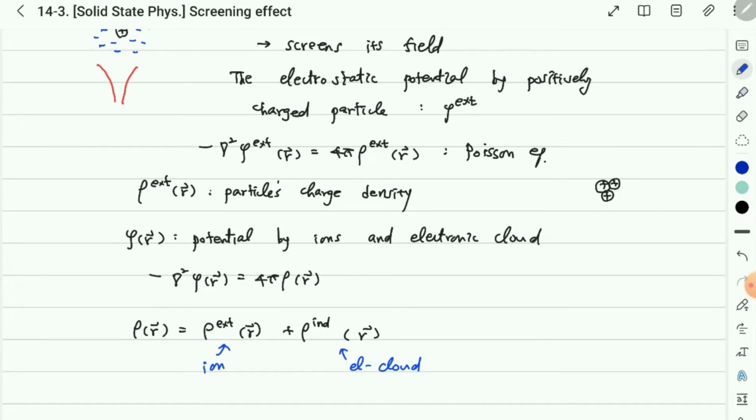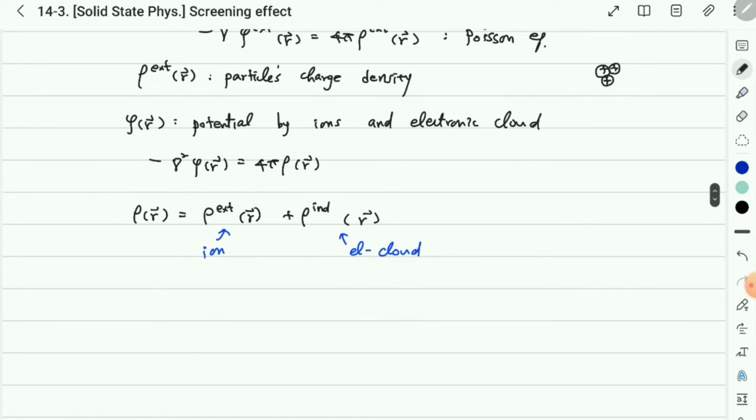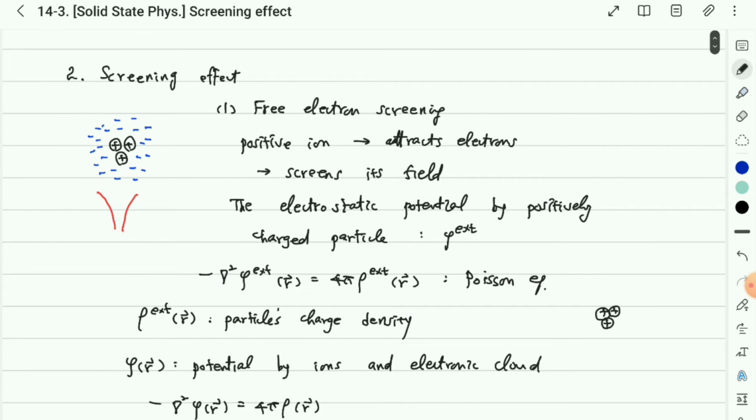Therefore, the net charge density can cancel out, because the charge density of the ions is plus and the electron cloud is minus, and they cancel the charge. Here, because there is electron and ion interaction, there is a dielectric constant.